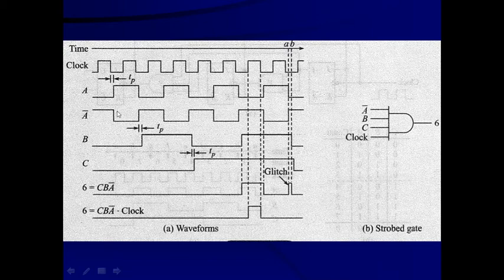The output of A is also redrawn here, but A bar is not delayed because A and A bar are complements of each other. That means A bar is just the mirror image of waveform A. So here the waveform A bar is drawn, which is the mirror image of waveform A.